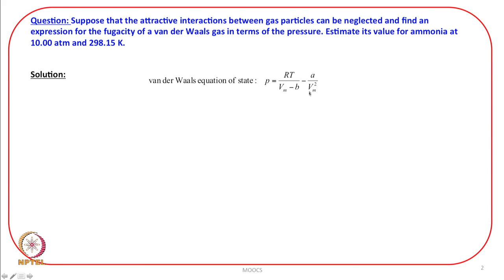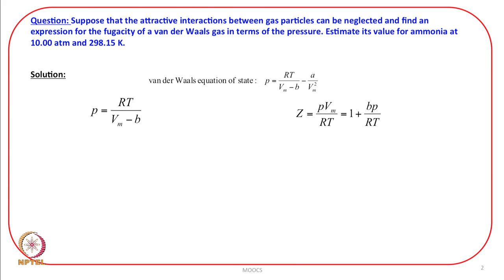We have been asked to get rid of a. We can just ignore a/Vm², because attractive interactions can be ignored. What is the remaining part? Only the first part: P = RT/(Vm - b). This is the equation of state for the gas that we are going to use.